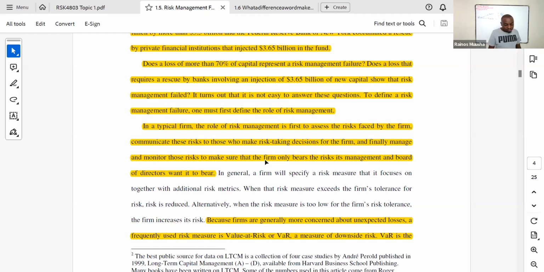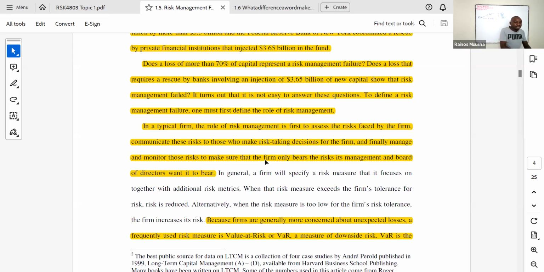Then the management and the board's responsibility is to say, based on what we deem to be the goal of the firm, and based on what our target returns are, this is how much risk we should be exposing the organization to.